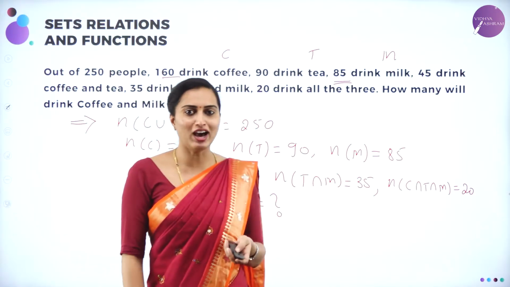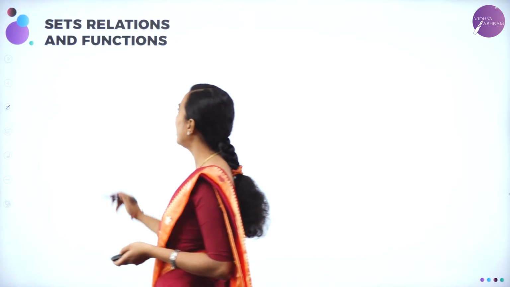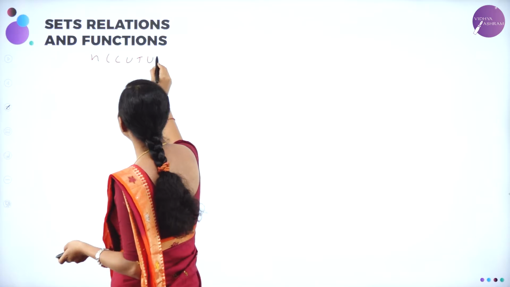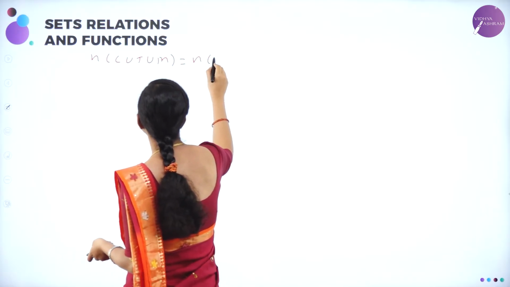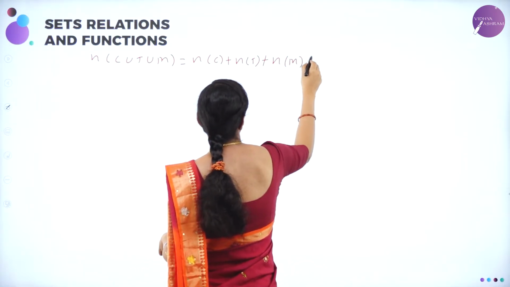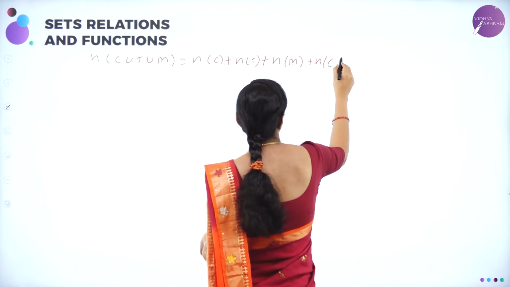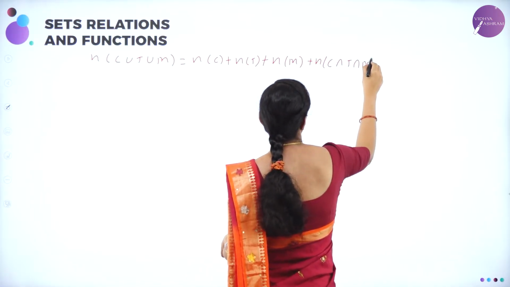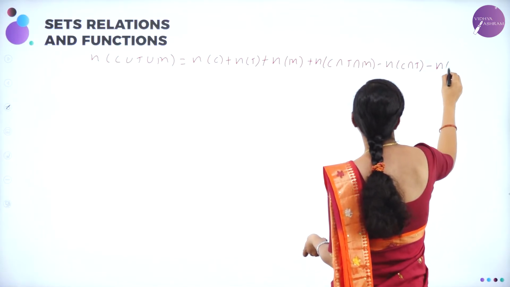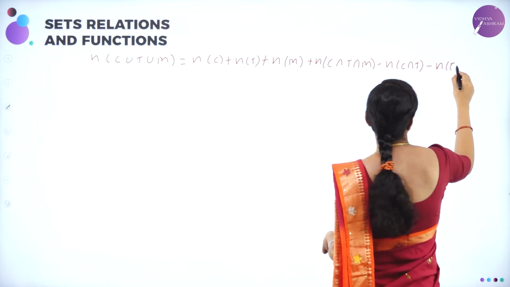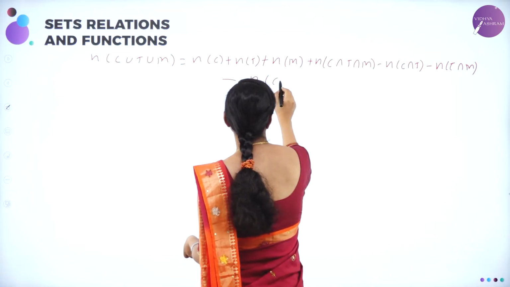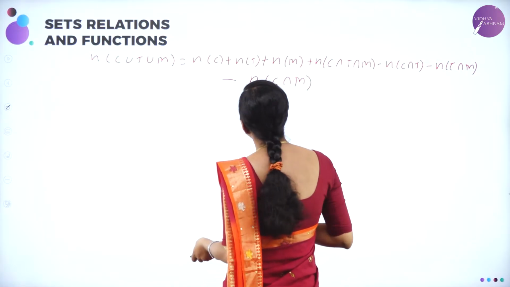You already know the formula. What is the formula? N of C union T union M is equal to N of C plus N of T plus N of M minus N of C intersection T minus N of T intersection M minus N of M intersection C, or C intersection M, plus N of C intersection T intersection M. We don't know this one only.